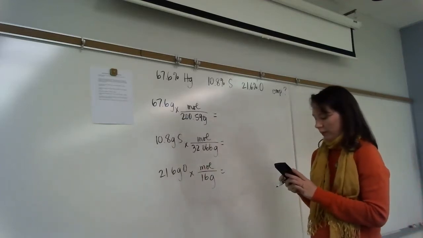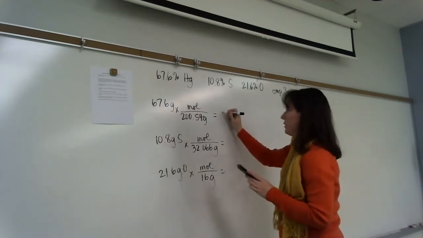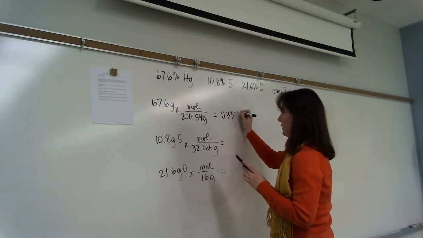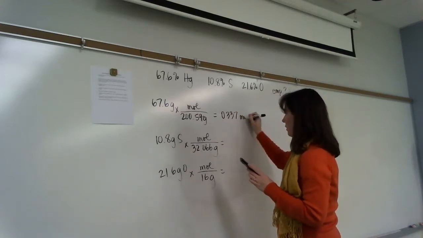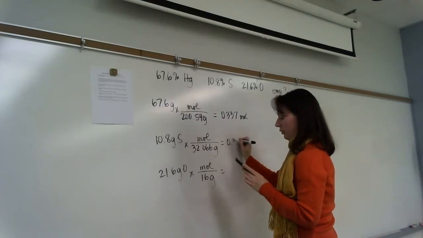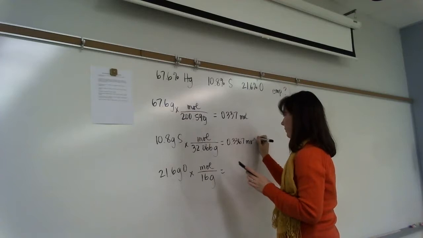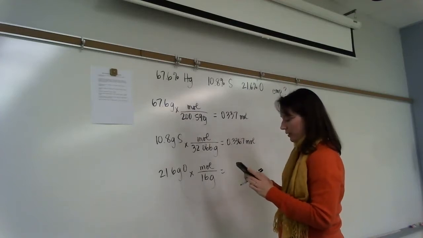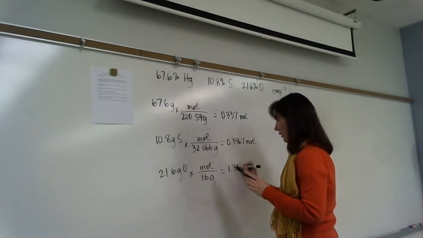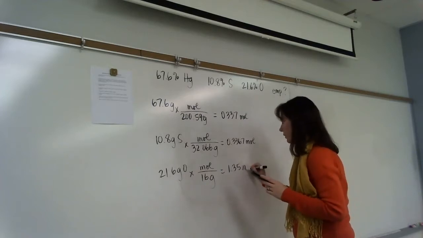So 67.6 divided by 200.59 gives me 0.337 moles. 10.8 divided by 32.066 gives me 0.3367, so in other words, it's basically the same moles. 21.6 divided by 16 is 1.35. Oops, don't forget my units.